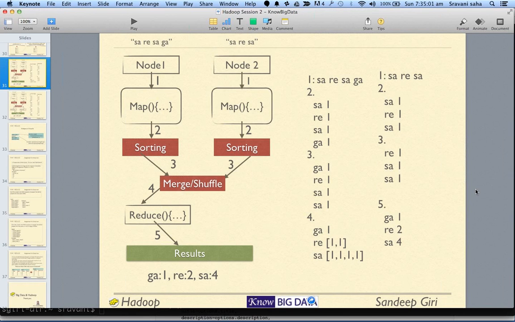Once all mappers have finished, all the output is gathered together, mixed and merged, and then the reduce function is run. Reduce is run on either of the nodes which are already running the mappers. Reduce is generally run on the same nodes, because that means a little less transfer of data, right?